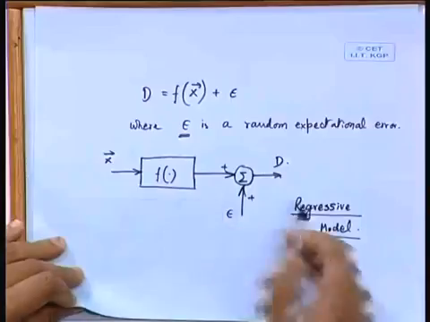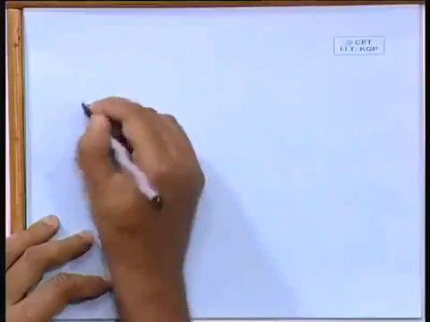So, pictorially, the neural network model that approximates this regressive model can be shown as follows.